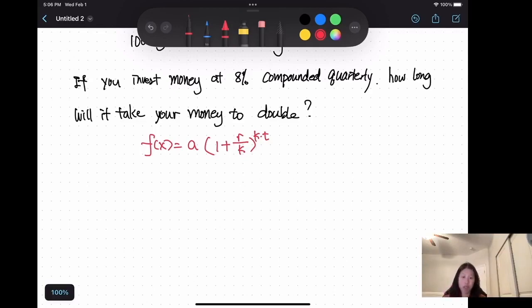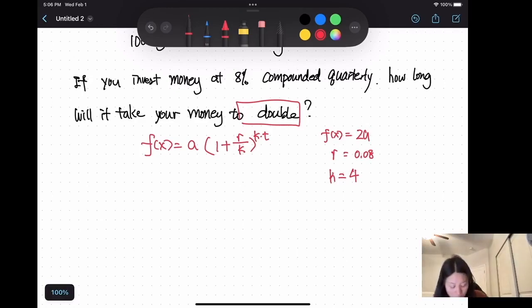And we don't know the initial amount, but does it matter? It doesn't matter because eventually they get cancelled out. We know that f(x) we want to be double. If the original amount is a, after doubling you should have 2a. And the rate is 8%, and k is compound quarterly. That means they compound 4 times within a year, and we're trying to find the time.